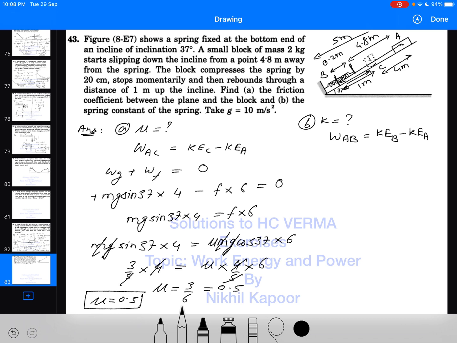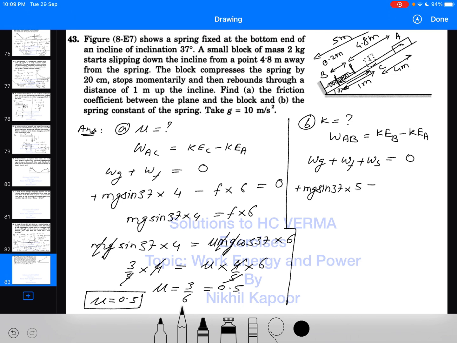Here the work done between these two will be work done by gravity plus work done by friction plus work done by spring, is equal to, as at both points A and B the object is at rest, kinetic energy 0. Now let's take work done by gravity. In going from A to B, work done by gravity will be positive, mg sin 37 into displacement of 5 meters.